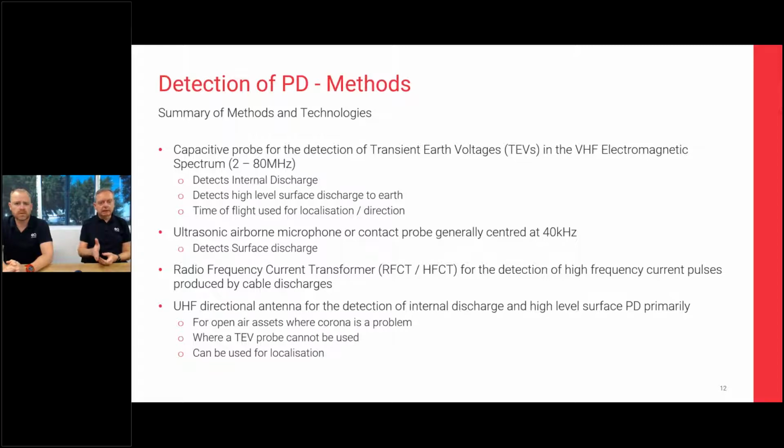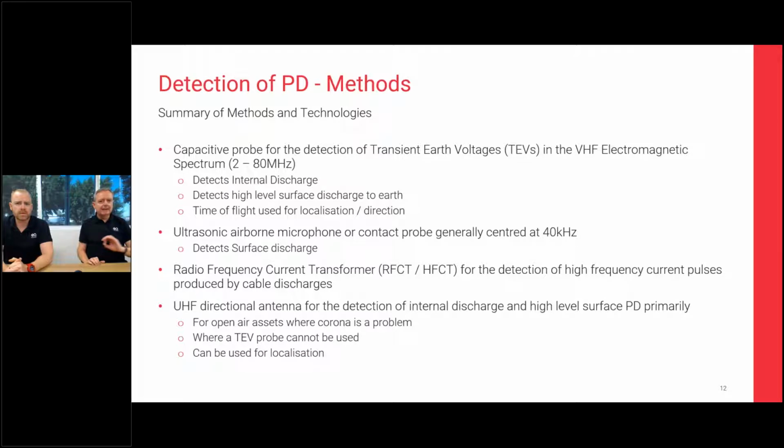Ultrasonic is directional, pointing in towards the termination. This is not going to help you for testing down cables, but it detects a significant proportion of failures of, say, dry terminations at the termination point, where we've got cross phases, for example, which we'll come to later.